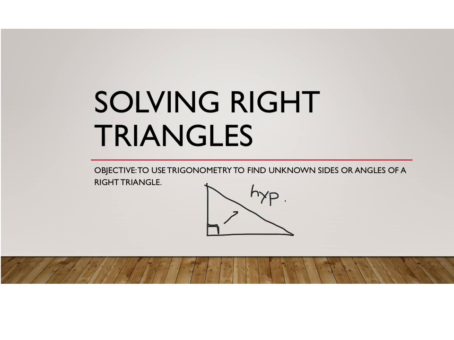Typically, we will label right triangles using ABC, with C being the right angle. So angles are always represented by the capital letters, and then the sides opposite them will be the lowercase letters.